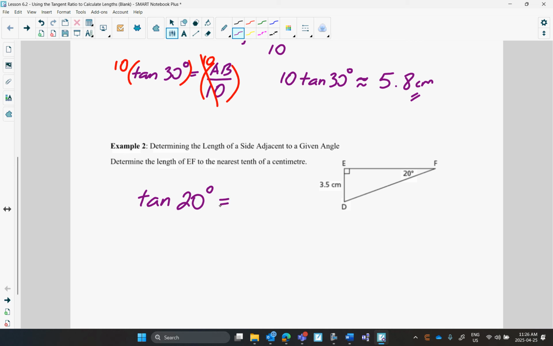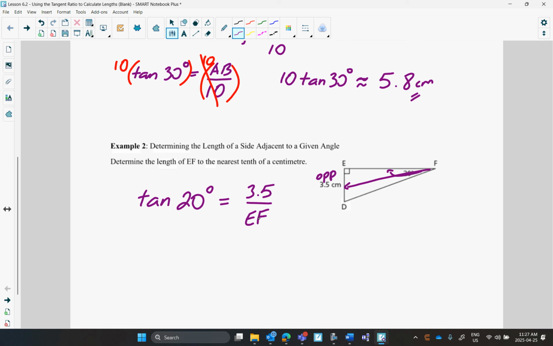Equals the side opposite 20 degrees, which is 3.5, right? That's opposite, over the side adjacent. Well, we don't know it, how do we label it? Because remember, DF is the hypotenuse, so that means EF must be the adjacent. And notice that's what we're asked to find.